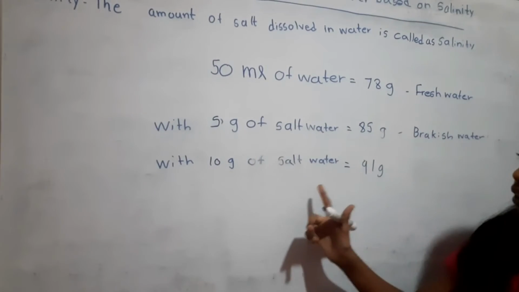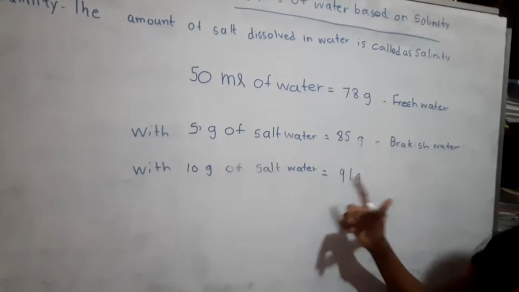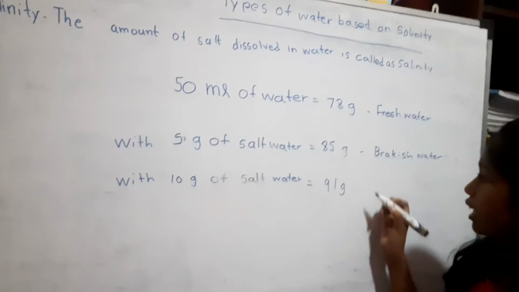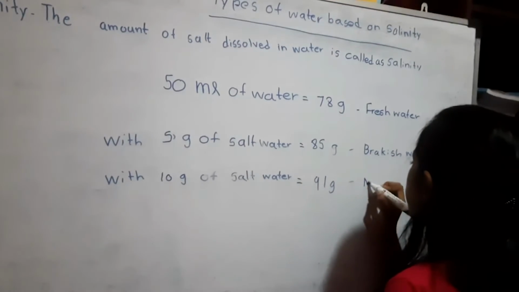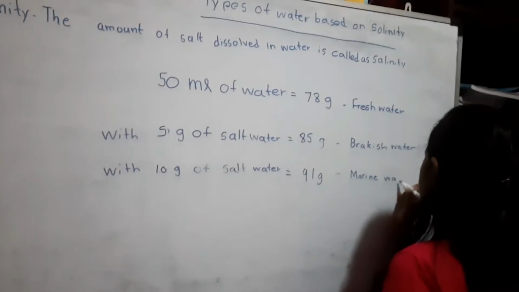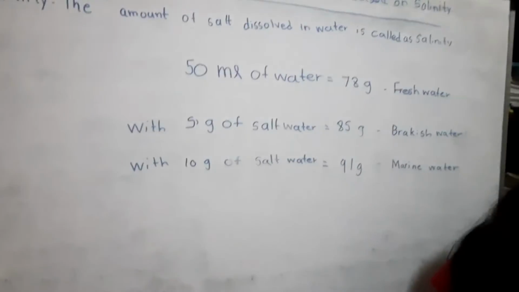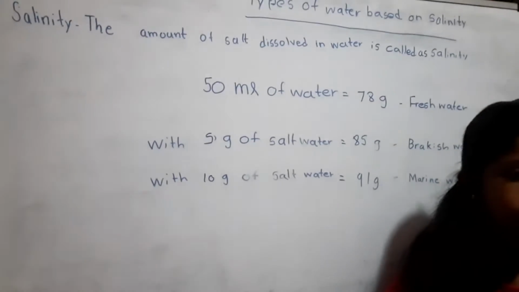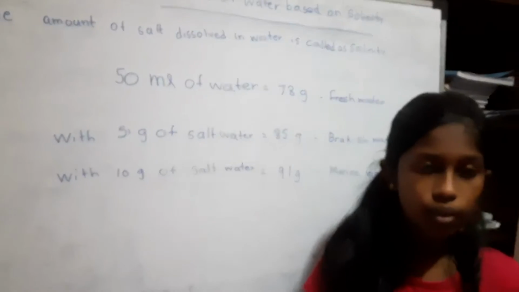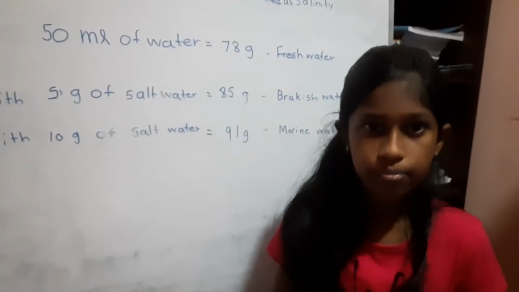Water with 10 grams of dissolved salt can be assumed as marine water. So it can be concluded that the mass of the water is higher with salinity. Thank you.